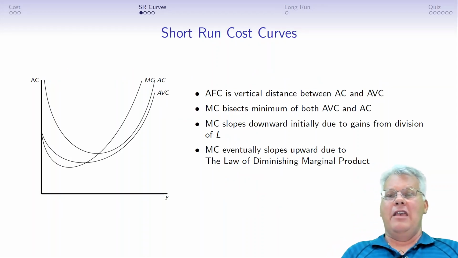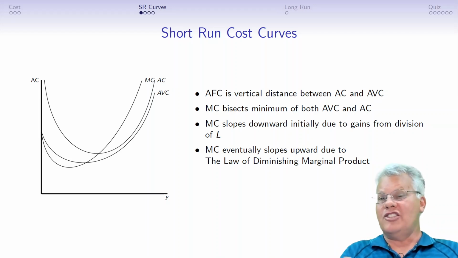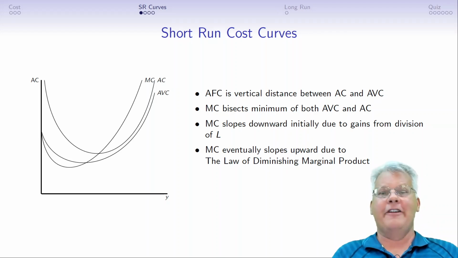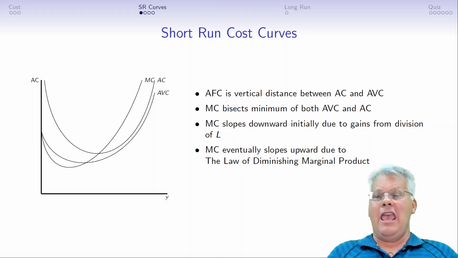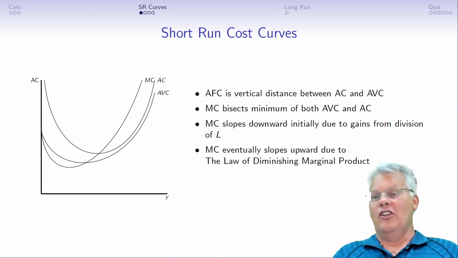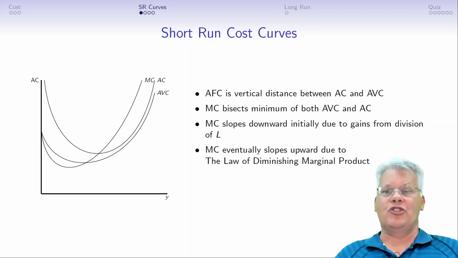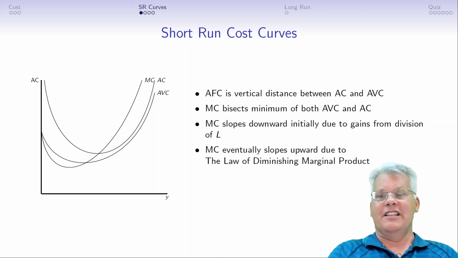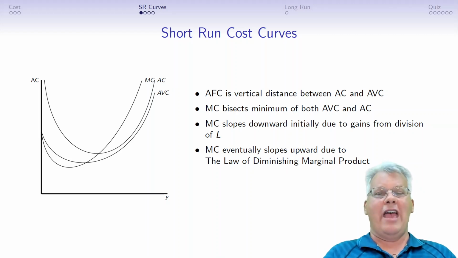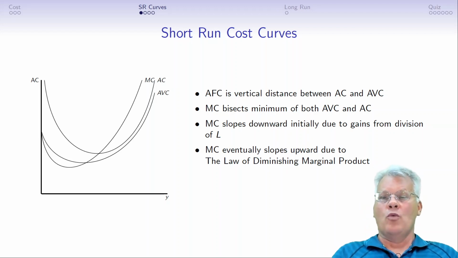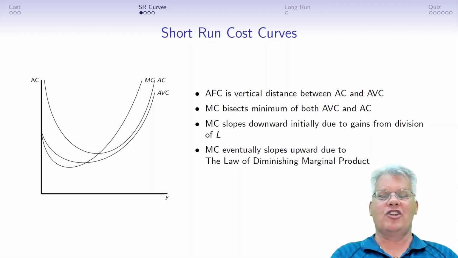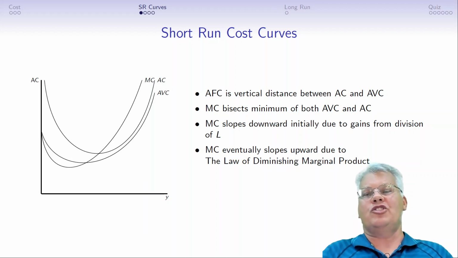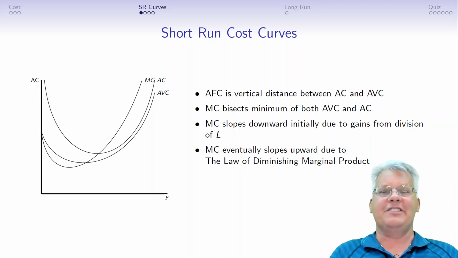Now if I put all these curves together in a graph, I get a graph that looks like the one that I've illustrated here to my left, and each bullet here represents a point to that graph that we can easily see. First, we have an average cost curve, we have an average variable cost curve, but we don't illustrate average fixed cost explicitly.